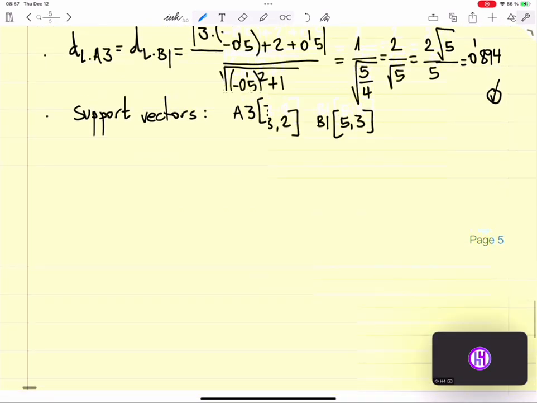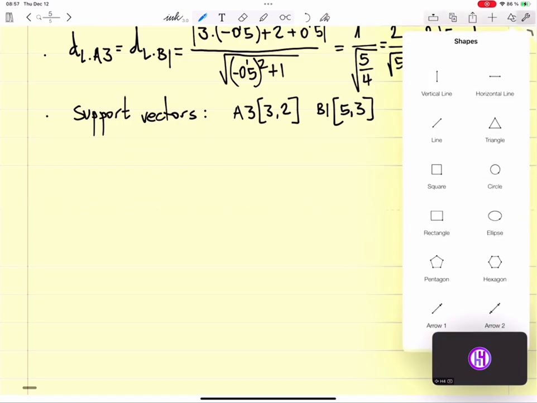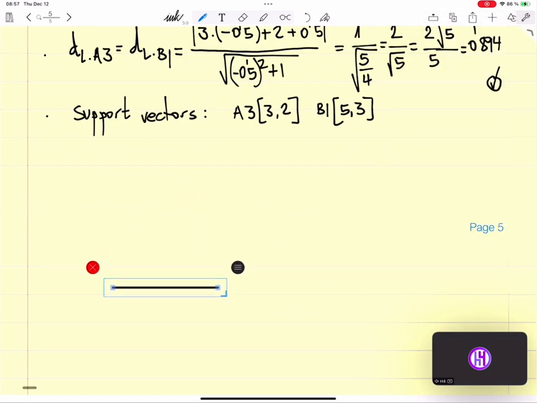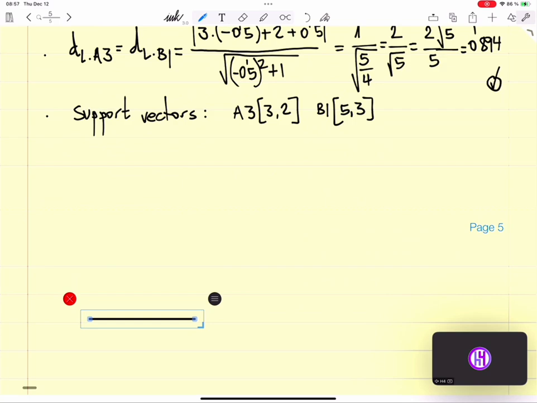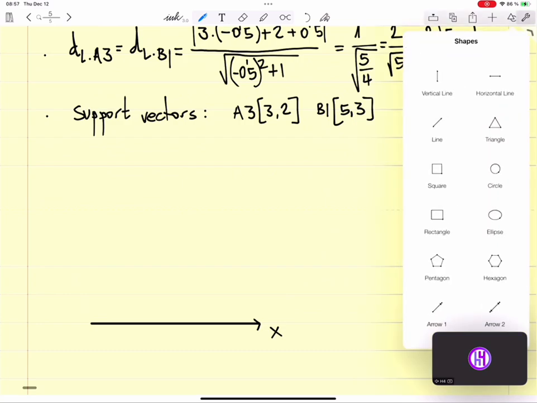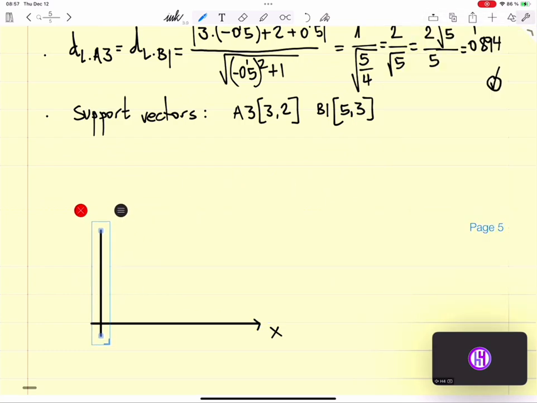When we talk about a point, in reality, we're talking about a vector and not about a point. This vector goes from the origin, okay? So let's say we have here the point, say 3, 2.